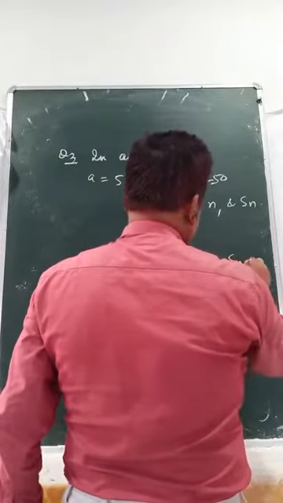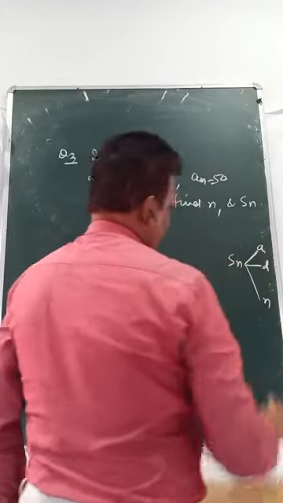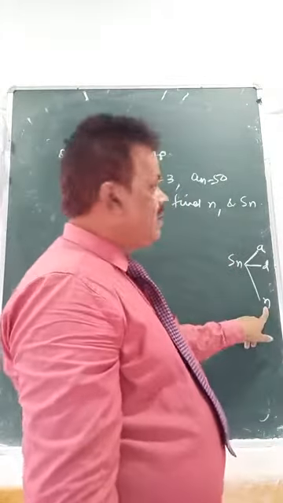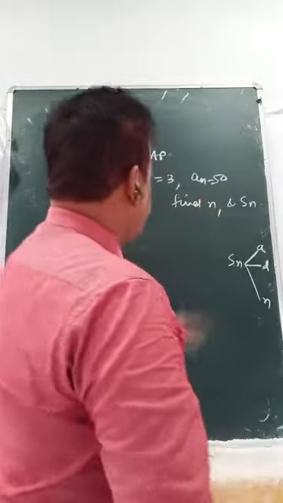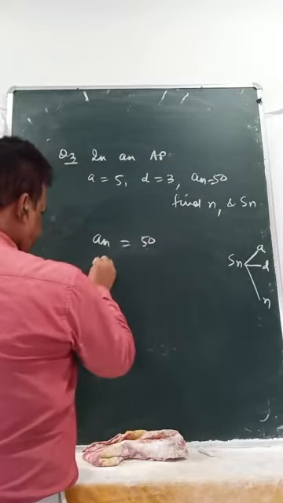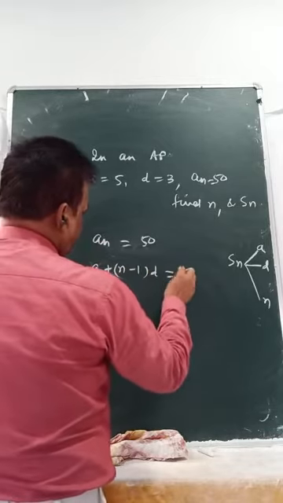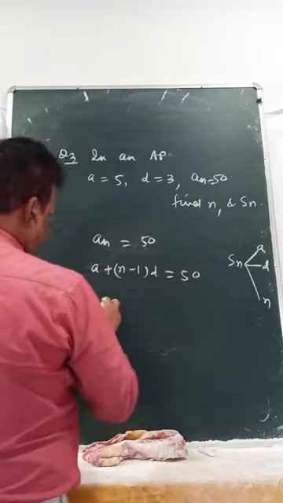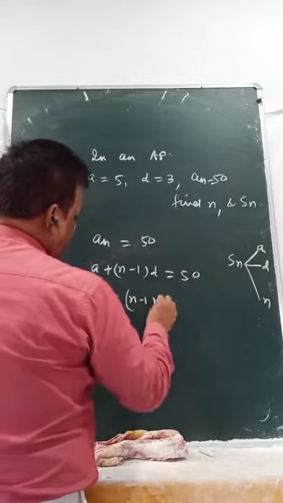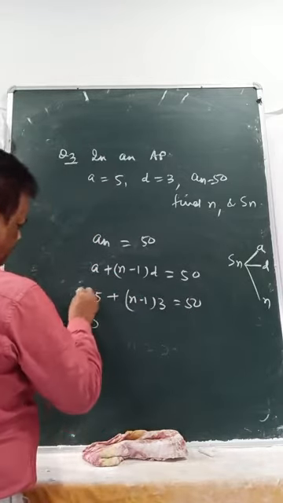Look here. Every time, what did I say? For Sn you need 3 terms: A, D, N. A is given, D is given. N is not given. N will come from the An term. So write down An equals 50. A plus (N minus 1) into D equals 50. So 5 plus (N minus 1) into 3 equals 50. 5 will go that side.